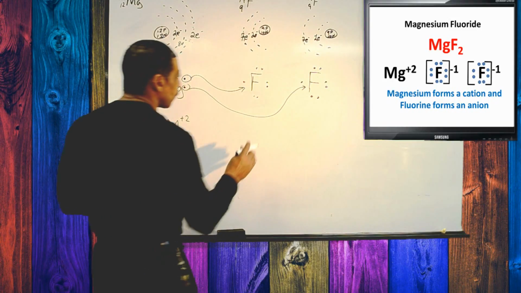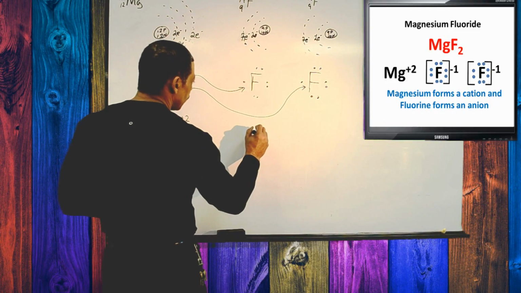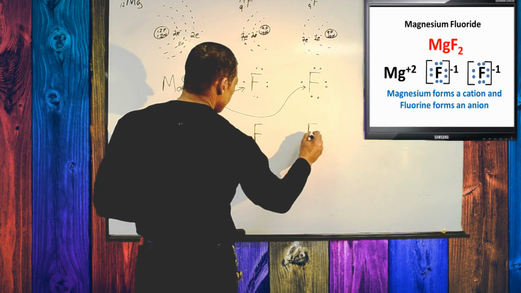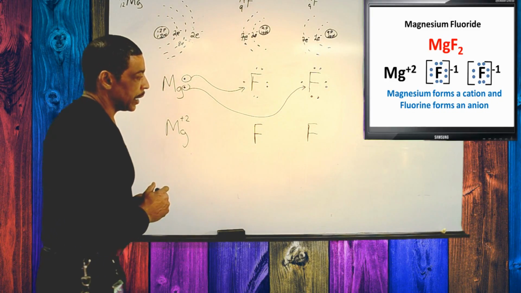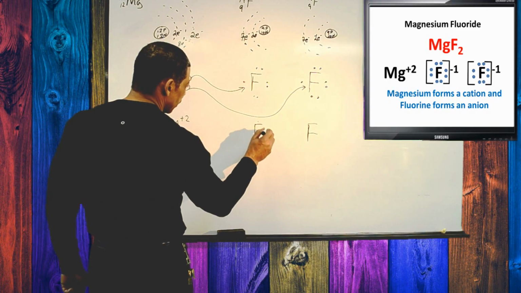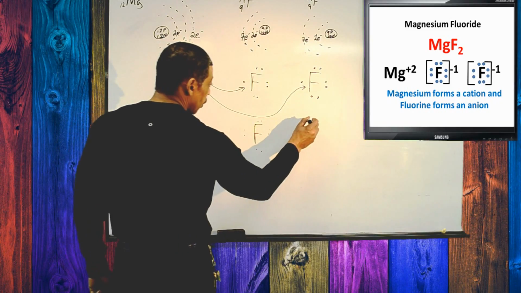When each fluorine atom gains an electron, they will form the fluoride anion, where anions, or negatively charged ions, will always be written with an octet of electrons shown.